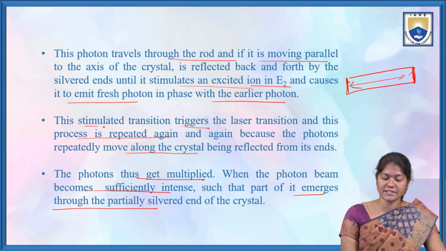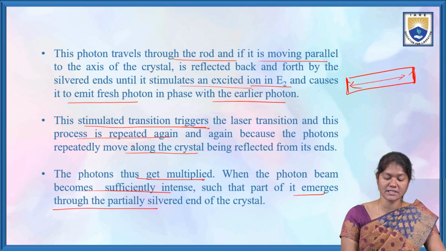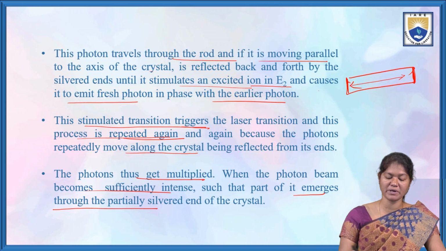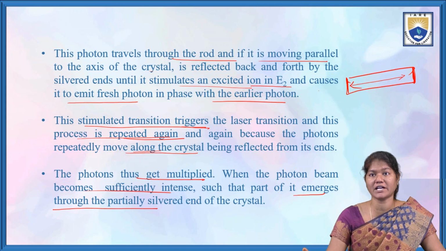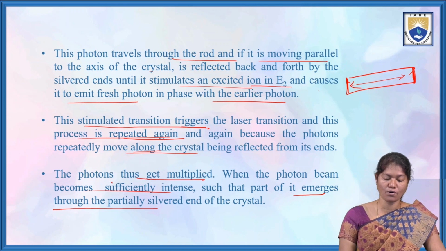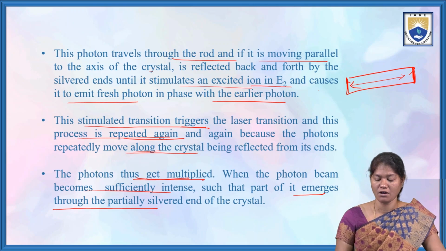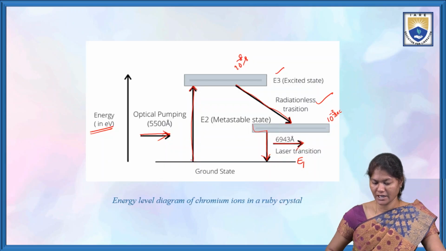So the stimulated transition triggers the laser transition, and this process is repeated again and again because the photons repeatedly move along the crystal, being reflected from its ends. So the photons get multiplied. When the photon beam becomes sufficiently intense, it emerges from the partially silvered end.